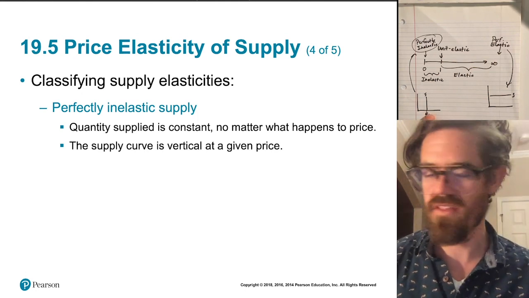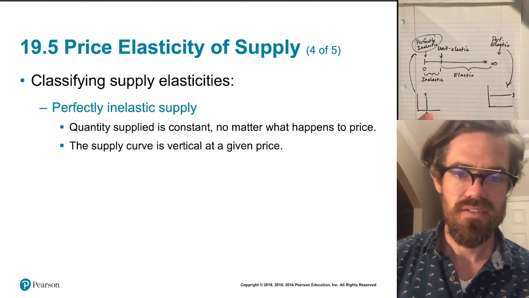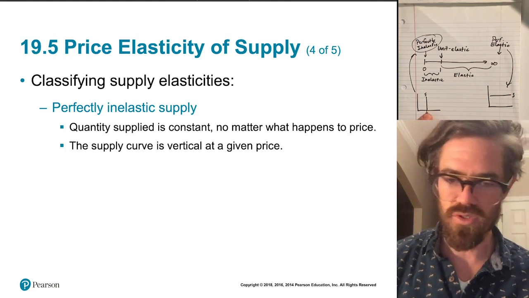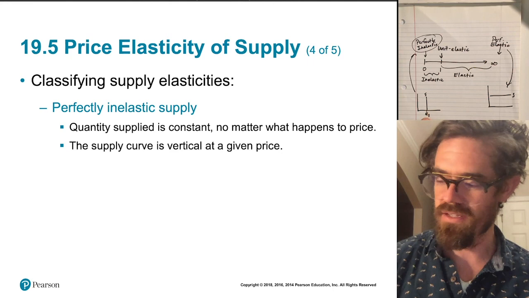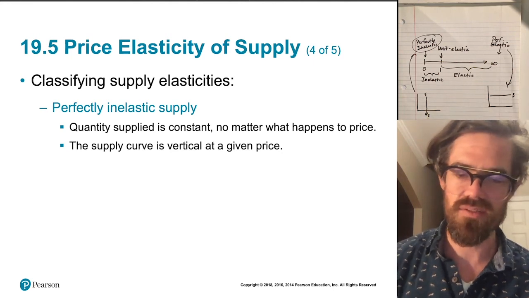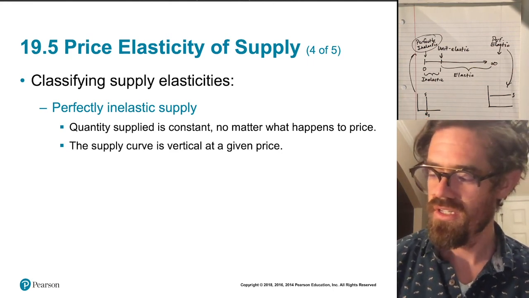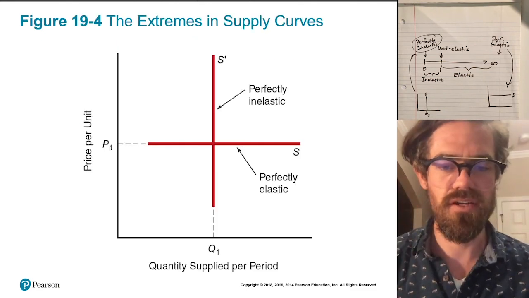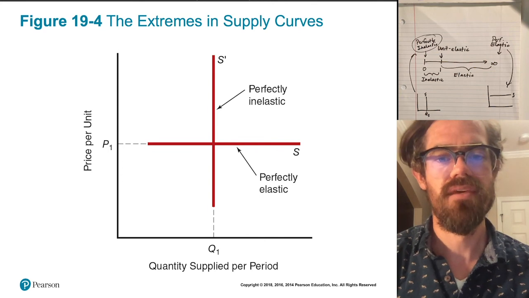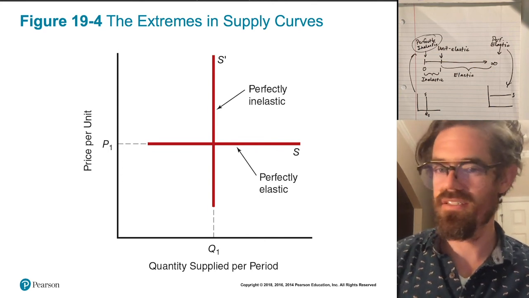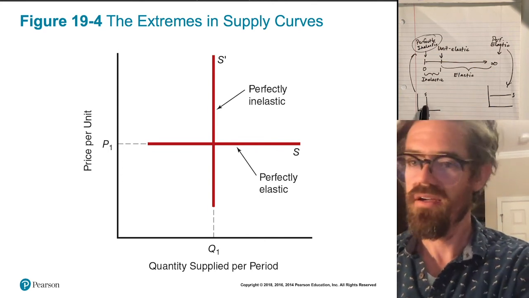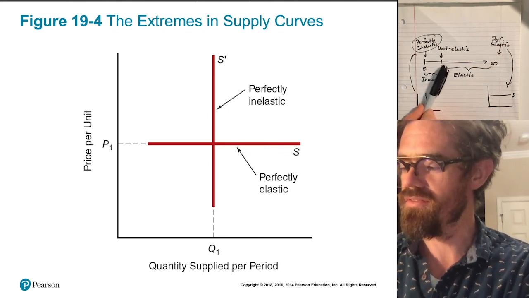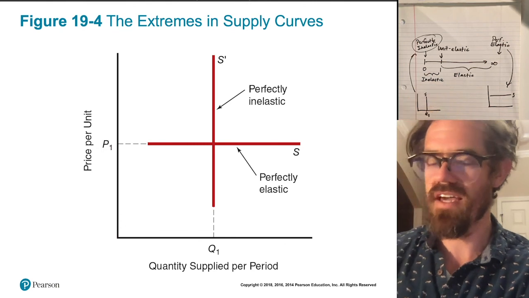So this is things like auditoriums and sports stadiums and arenas, right? They have a fixed number of seats. It doesn't matter what price they can charge. That's the quantity supplied. Okay, so there you go. And of course, what this means is that as we go from perfectly inelastic to perfectly elastic, the supply curve rotates and gets flatter.